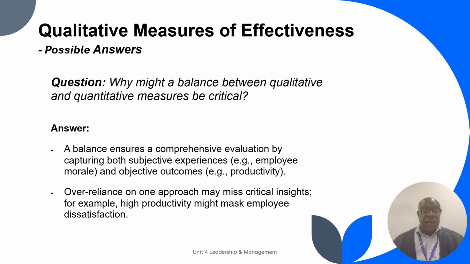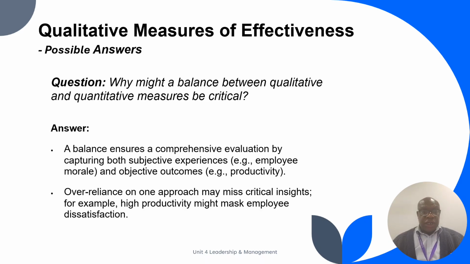So, for example, high productivity might mask employee dissatisfaction. So it's a question of creating a balance and seeing how subjective and concrete the experiences are. Otherwise, one may overshadow the other. So it's best to have a balance when doing that.